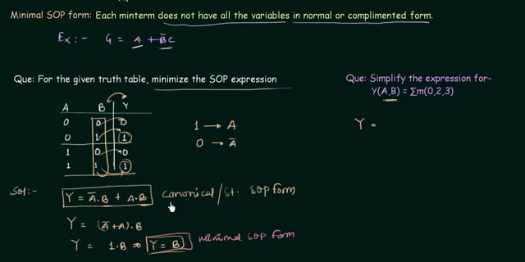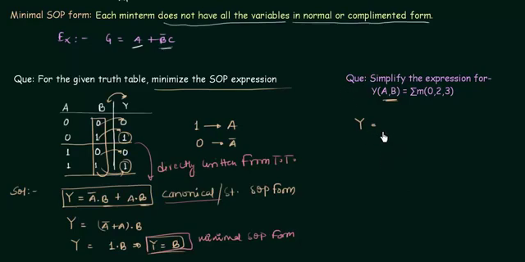And you can see that this canonical or standard SOP form we have directly written from the truth table, and in this all the minterms have each variable in complemented or normal form, whereas in this we don't have all the variables in normal or complemented form. A is missing here.